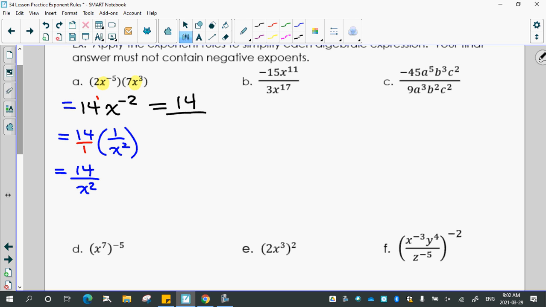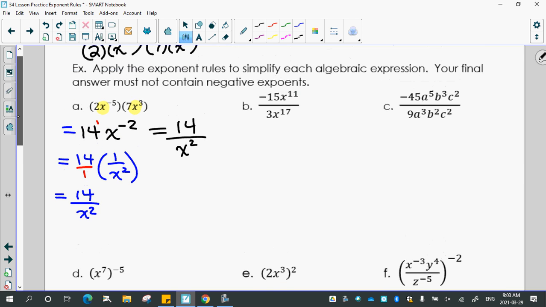Anything with a negative exponent has to move to the denominator so the exponent can become positive by using the 1 over rule. Okay? So if it's got a positive exponent, it stays in the numerator. If it's got a negative exponent and everything's multiplying, we're going to move it to the denominator so the exponent can become positive.